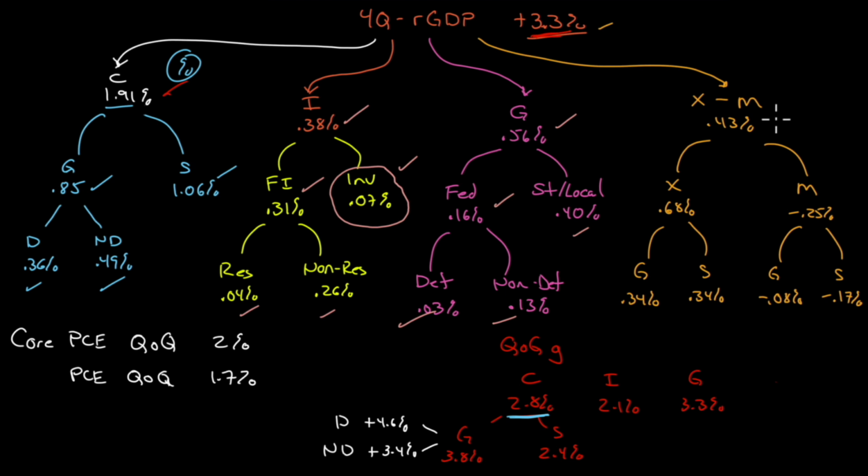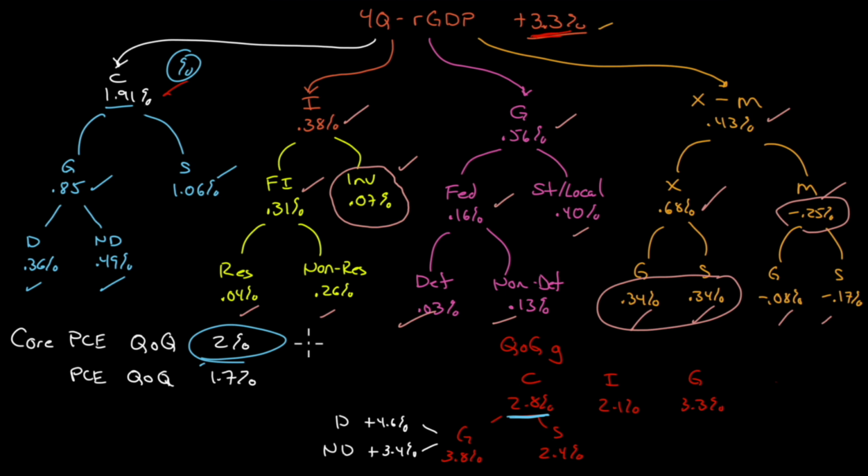And for the trade balance, it helped, 0.43. Exports 0.68, imports took away a little here, and both goods and services equal. For imports, goods and services, you have to add up to negative 0.25, so they'll both be negative there. Core PCE quarter over quarter, look at that number.